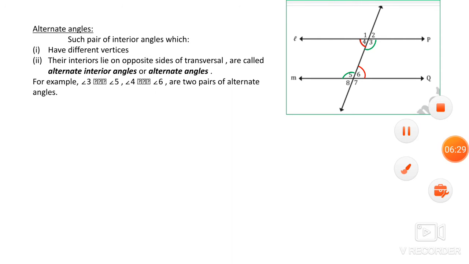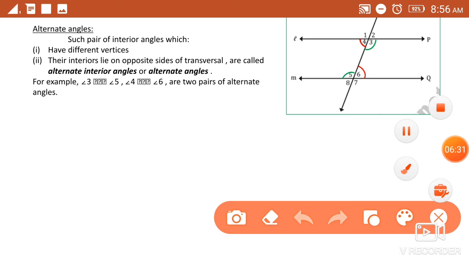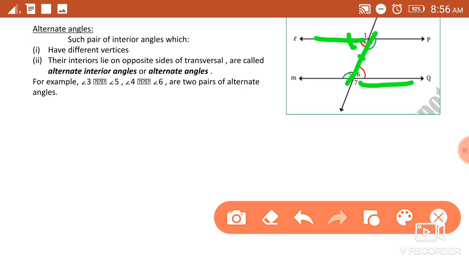You can also find alternate angles by drawing the alphabet Z. The Z may be rightward or leftward. This is Z, it means this and this. These two are a pair of alternate angles. This one and this one, these two are alternate angles.